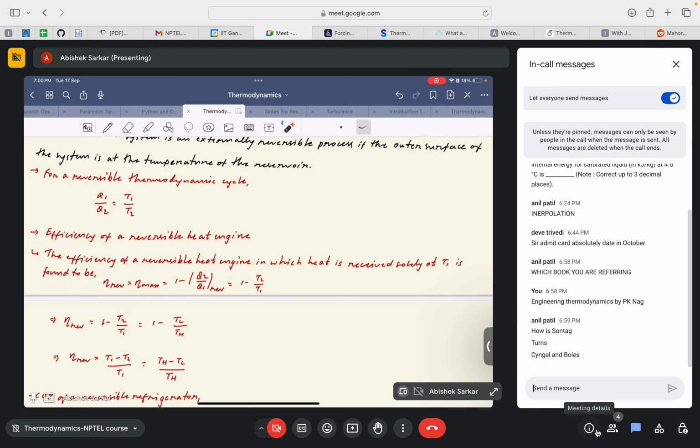But Cengel and Boles I suggest is the best book from the perspective of understanding concepts, because they explain the concepts very nicely, with in-depth explanation of how the terminologies and the values of the variables used in the questions come into the picture. So I think these are very good books.